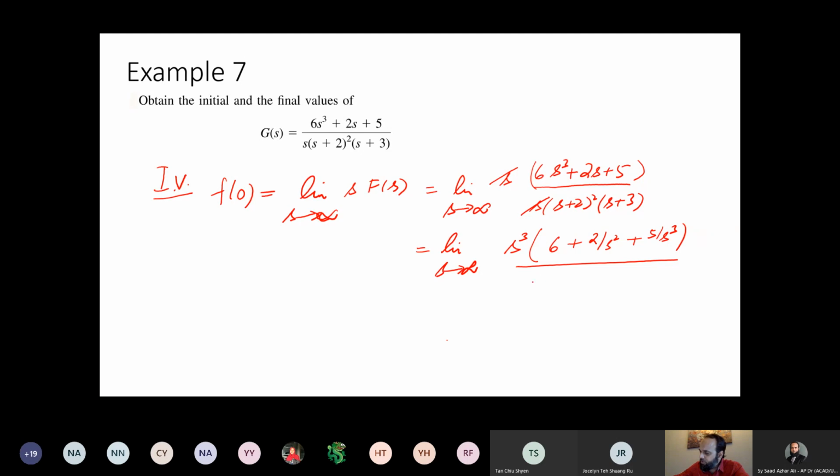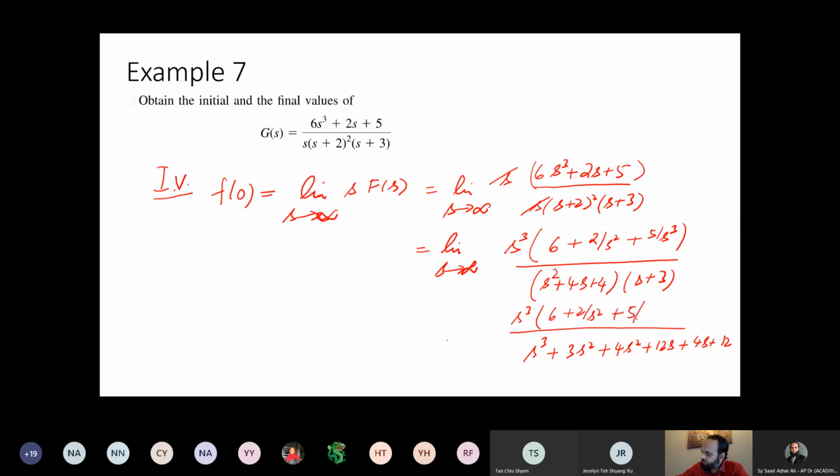I'm taking s and we multiply, then we take s cube common, it will be s cubed plus 3s squared plus 4s squared plus 12s plus 4s plus 12 in the denominator, and in the numerator is 6 plus 2 upon s squared plus 5 upon s cube.